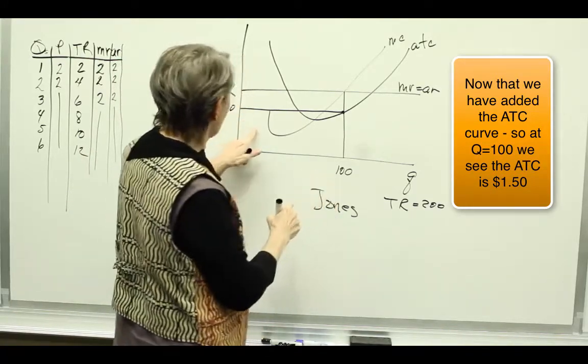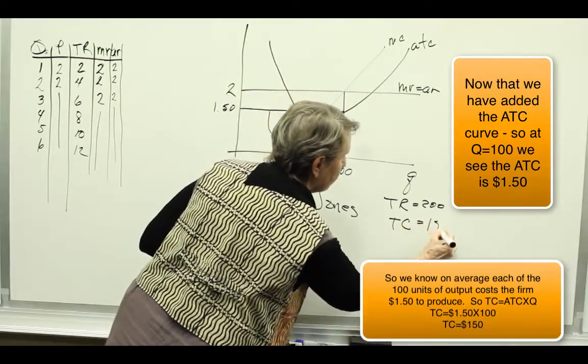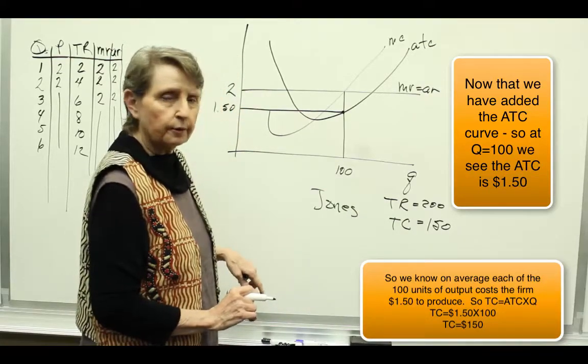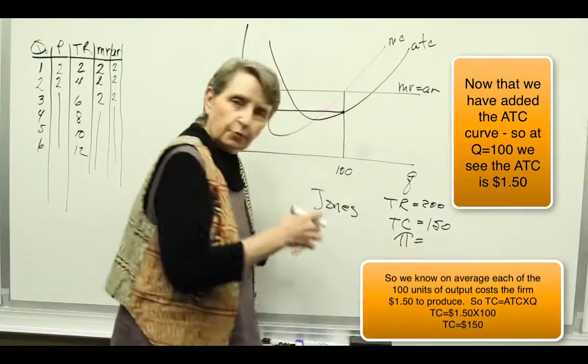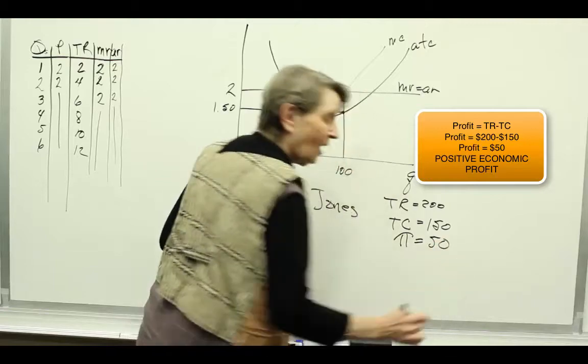So Farmer Jones's total costs equal $150. His total revenue is $200. So Farmer Jones's profit is positive economic profit equal to $50.